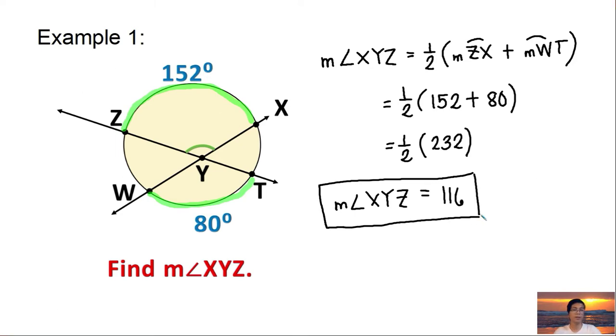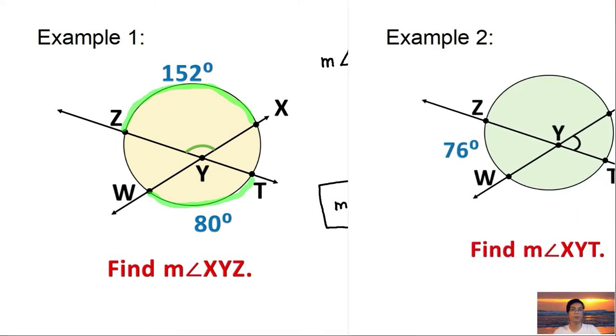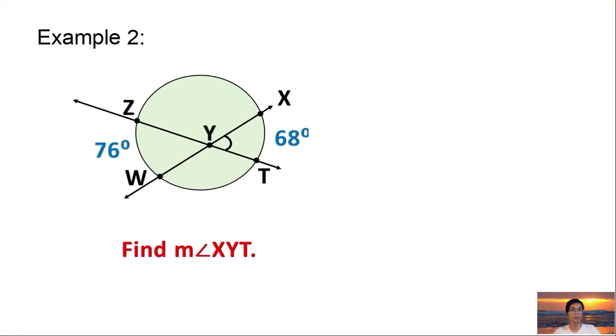Let's proceed to example number 2. For example number 2, let's find the measure of angle XYT. So, si angle XYT, ito yon. That's angle XYT. Yung kanyang intercepted arc is XT at yung intercepted arc ng vertical angle niya is ZW. So, sulat muna natin yung ating pinaka-formula.